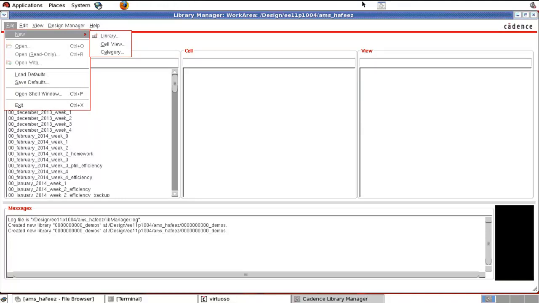Hi, in the last session we discussed the process corners and the process variations, and we said the manufacturer or foundry will give you the information about how much it will deviate from the schematic to silicon.